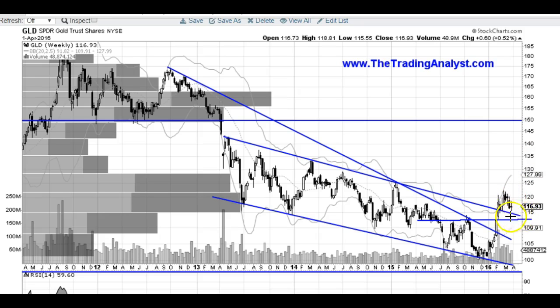A bounce zone is going to be anywhere between 115 to 110, okay? As you can see, the last resistance that we broke over was right around 110 right there, okay? And that's going to match up perfectly with a retest of this downtrend line that we broke over. So this is going to be the sweet spot where I think that gold is going to get a bounce from. If it does bounce, it's going to bounce from here, okay?